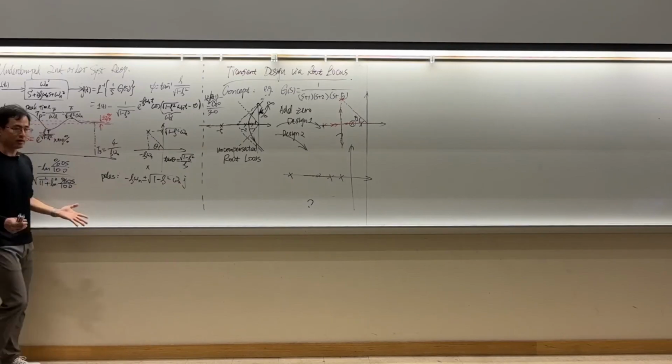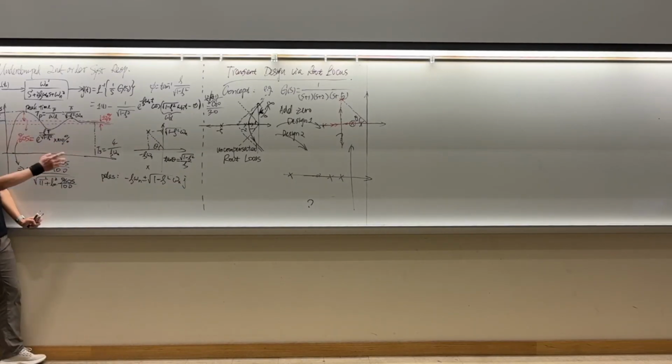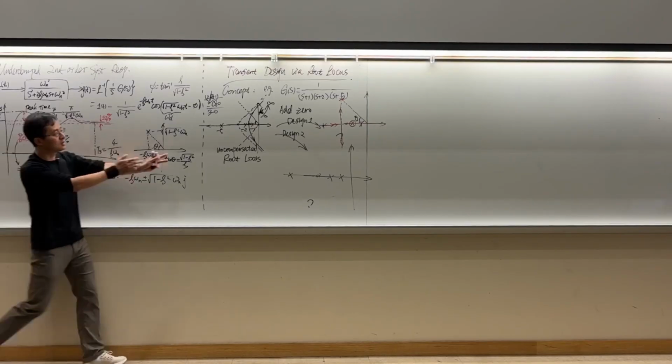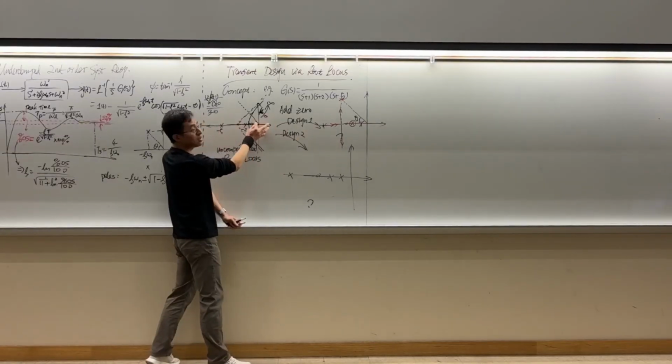So what doesn't change? If you have the same damping ratio, that means your percentage overshoot, which depends entirely on the damping ratio and doesn't depend on natural frequency, will remain exactly the same for these two designs because the angle is the same.